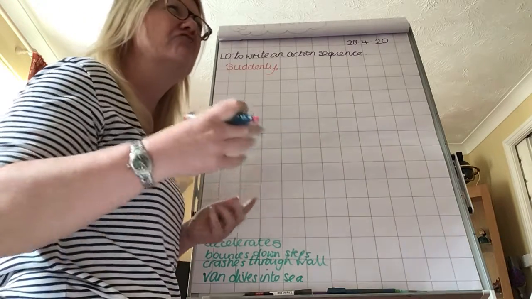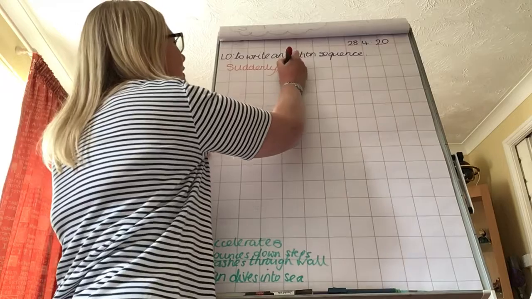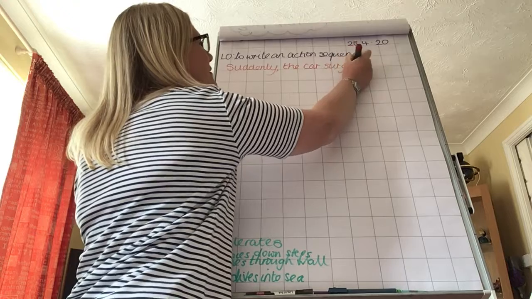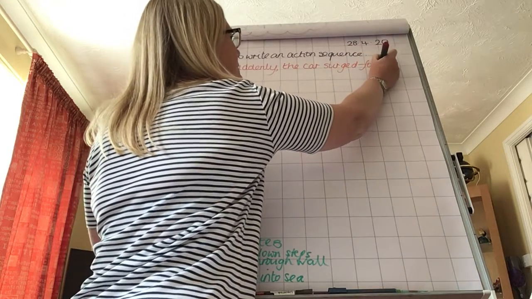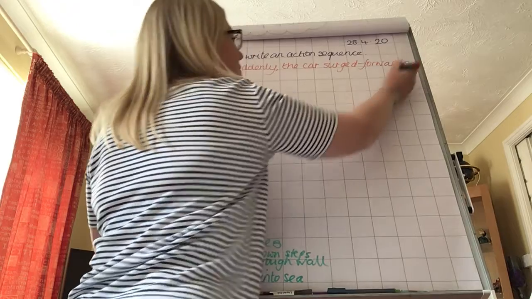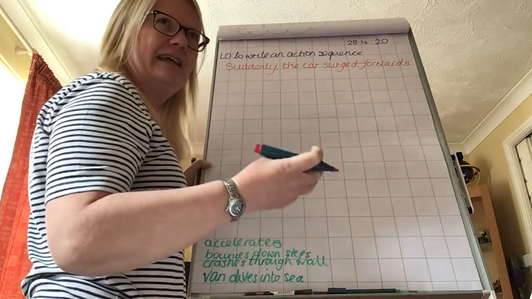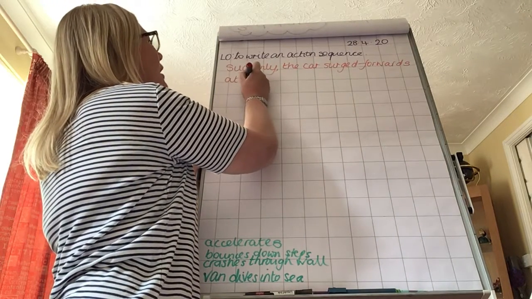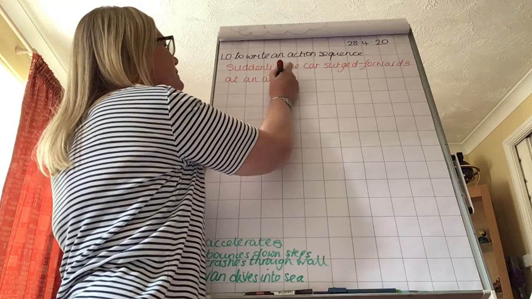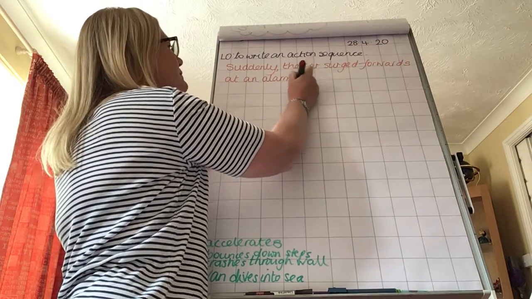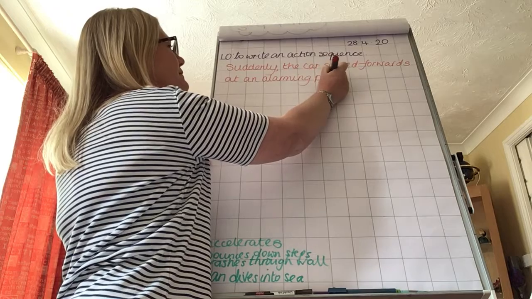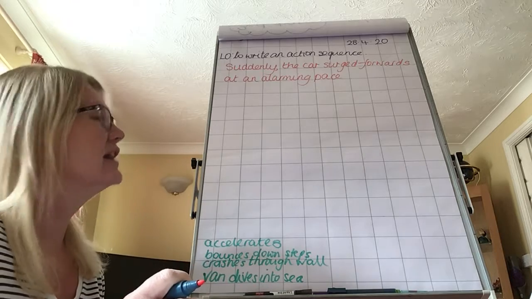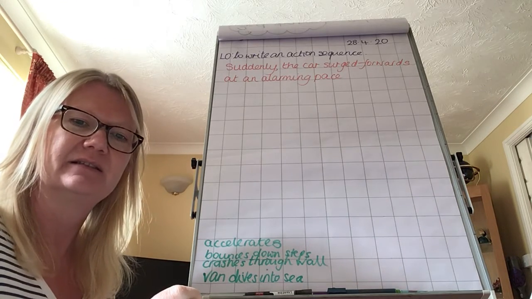I'm going to say it rushed forward, it surged forwards. Let's get an adverbial in there to really compound that impact. At an alarming pace. Okay? Suddenly, the car surged forwards at an alarming pace.